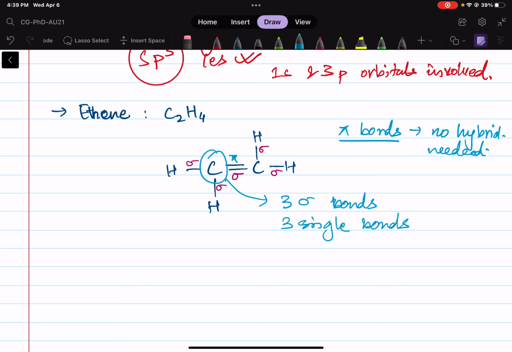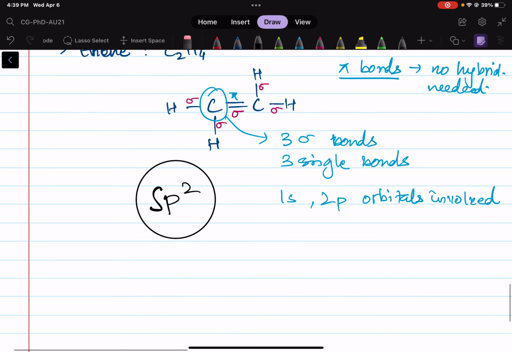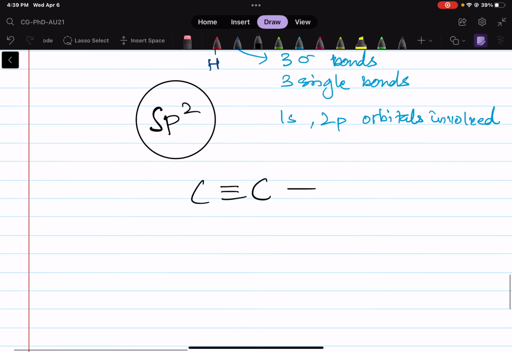So now it will have 1 s orbital and 2 p orbitals involved. And this will give rise to sp2 hybridization. And then similarly, when you have carbon triple bonded with carbon, this gives you sp hybridization.